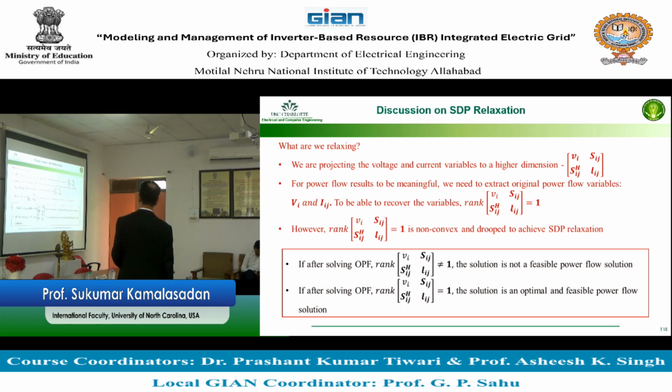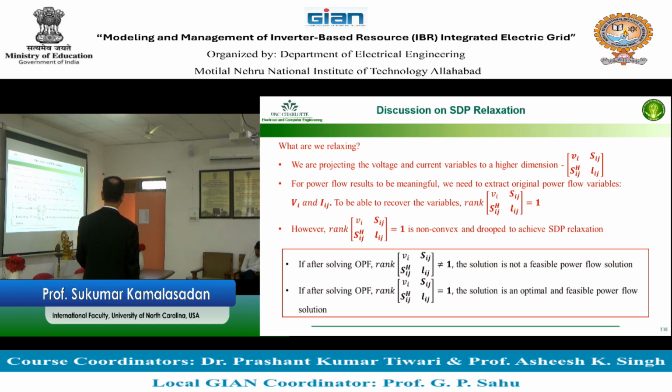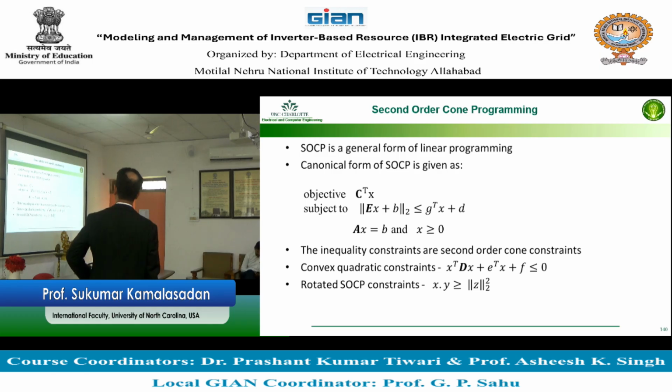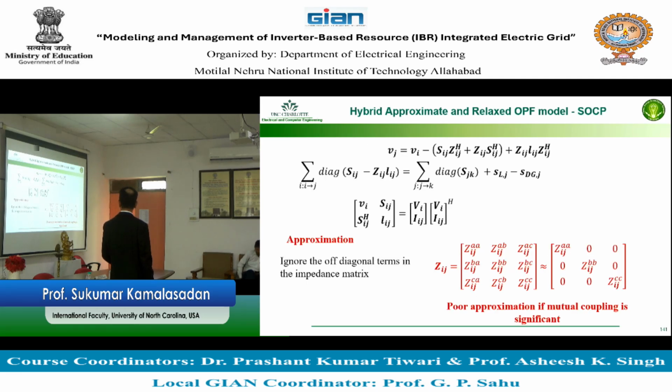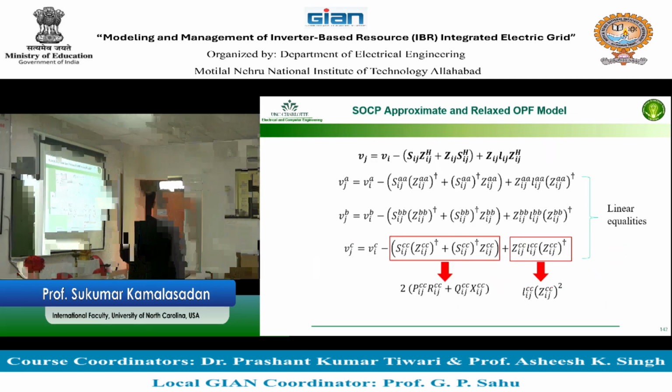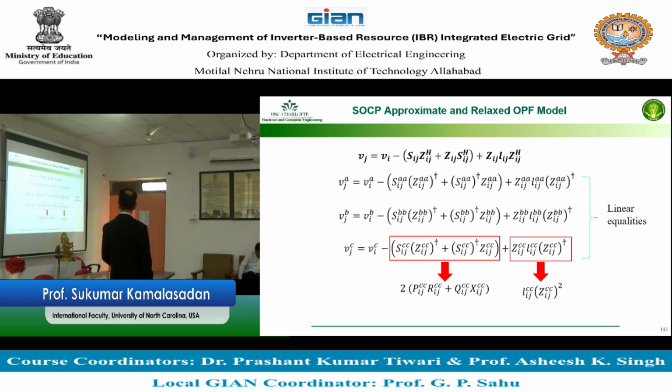The non-convex rank constraint is what you are dropping to achieve the relaxation. If the rank is not equal to 1, the solution is not feasible. If after solving the rank is equal to 1, you have the solution. So you can actually use that.